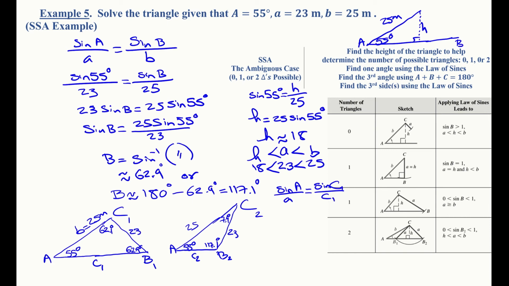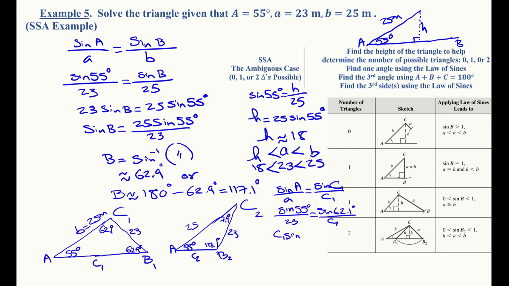Okay, so sine of 55 degrees over 23 is equal to sine of 62.1 degrees over lowercase c1.